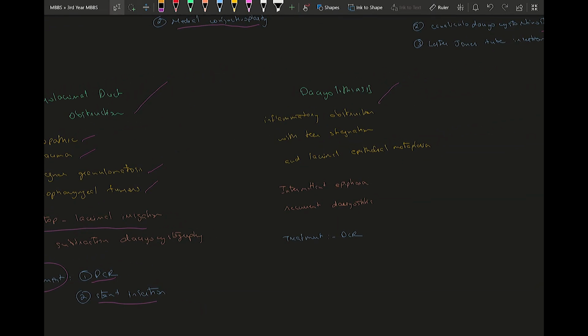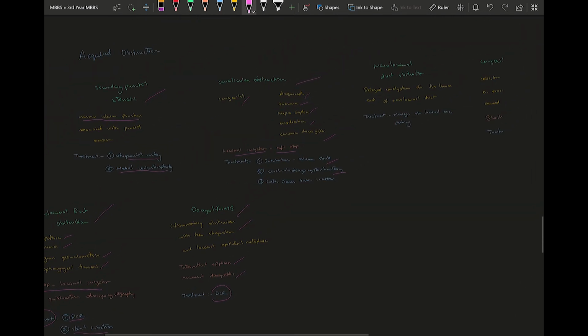Moving on to the last condition, dacryolithiasis. This is an inflammatory obstruction with tear stagnation and lacrimal epithelial metaplasia. This causes intermittent epiphora and recurrent dacryocystitis. Treatment is DCR. So those are all your acquired obstructions.